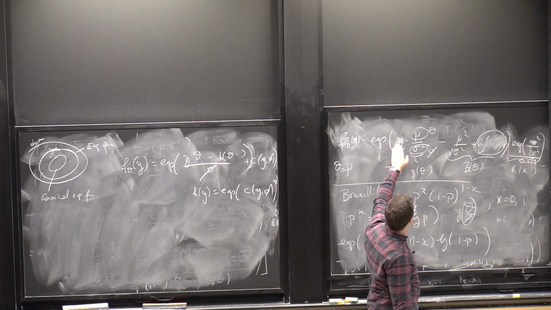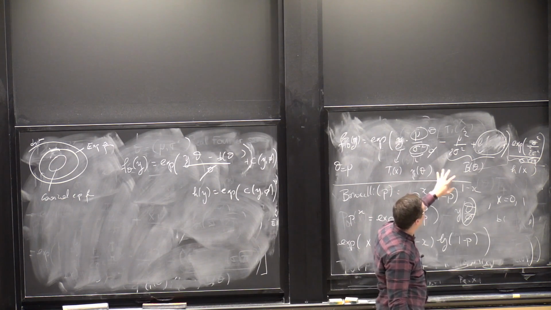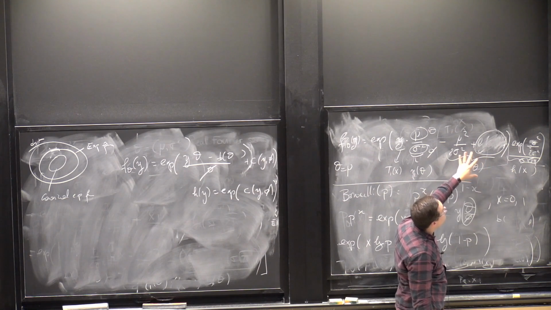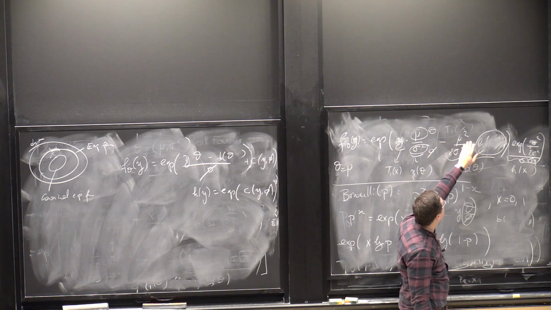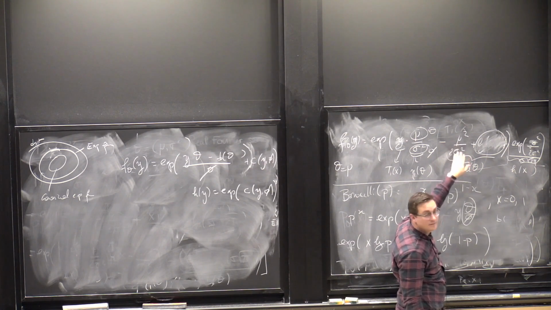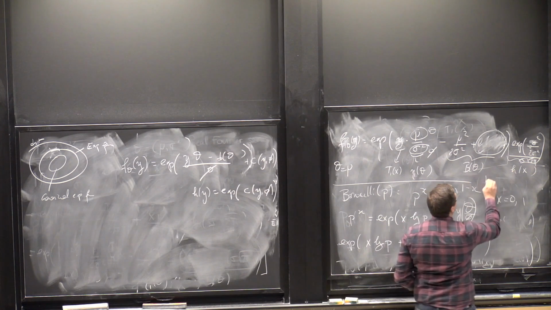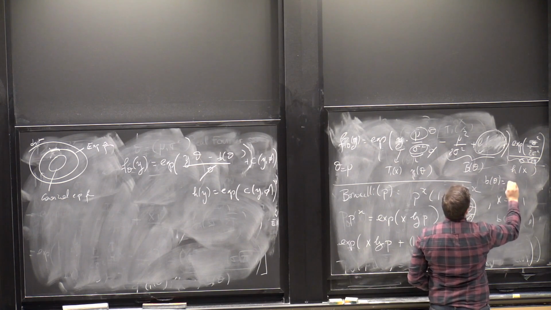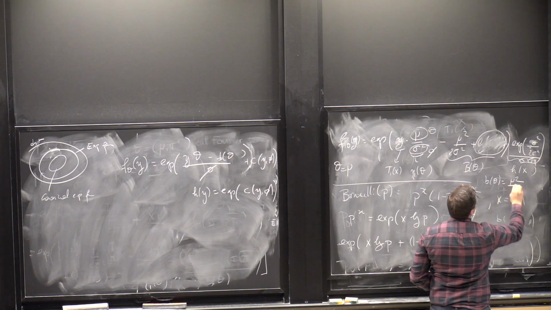So I'm definitely of the form y times theta divided by phi. And then here I have a function b that depends only on theta. So b of theta is mu squared divided by 2.